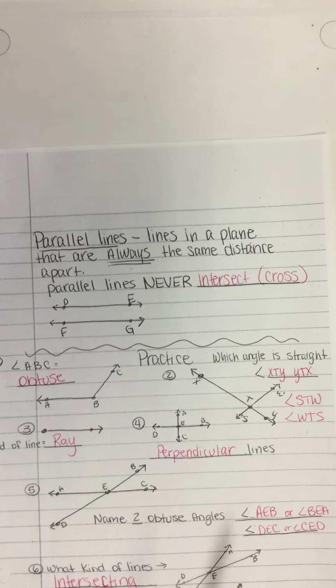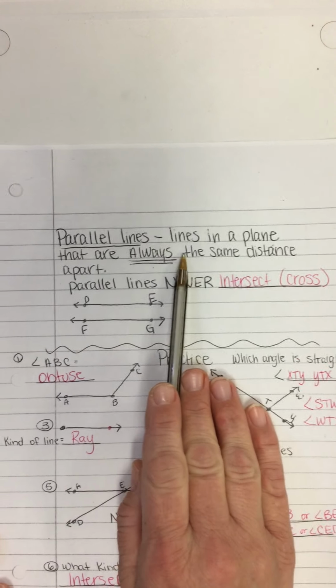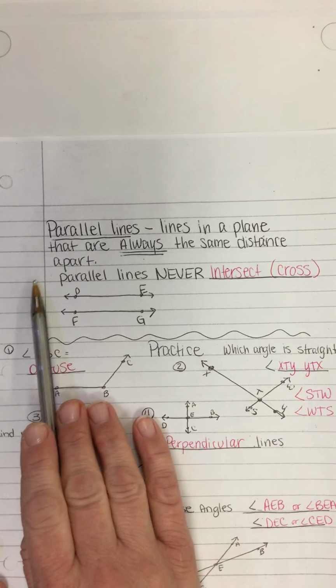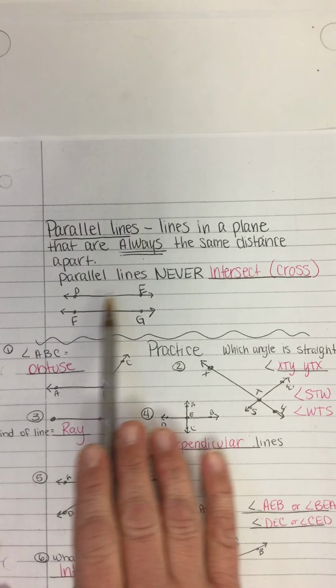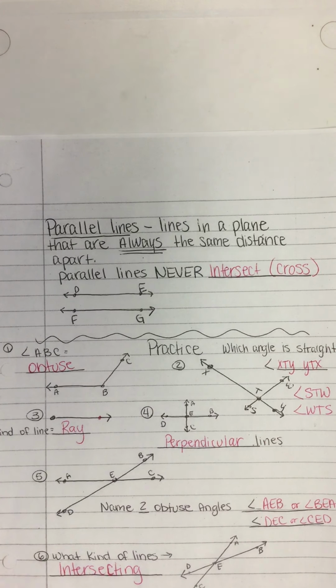All right, and then parallel lines, we talked about yesterday, lines in a plane that are always the same distance apart. Parallel lines never intersect or cross. So that would be like railroad tracks. That would be like lines on this paper. Anything that goes side by side and never crosses, like a square.